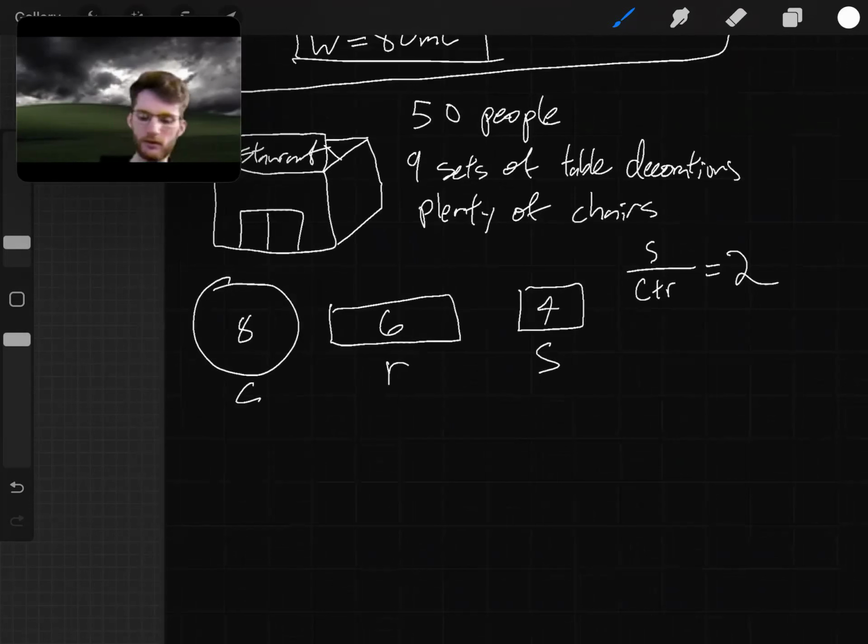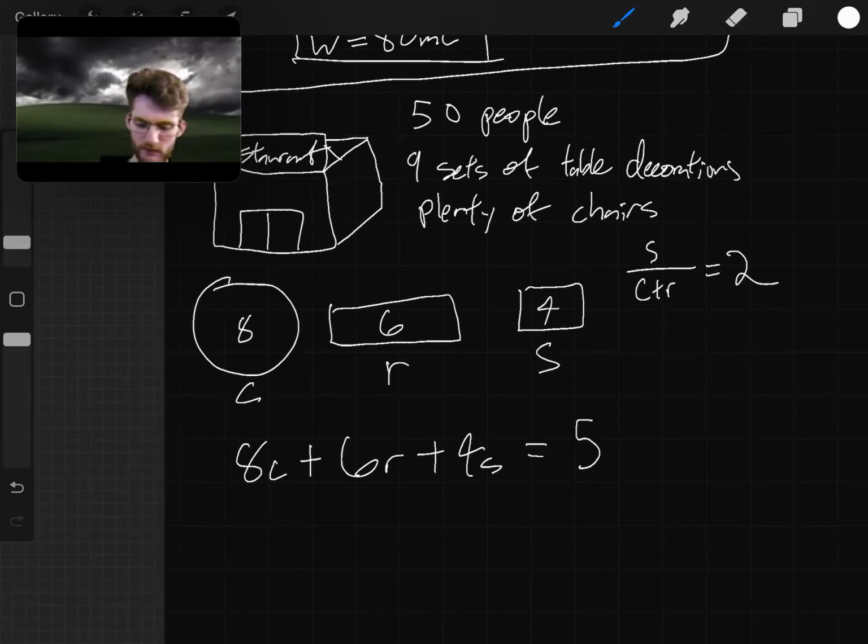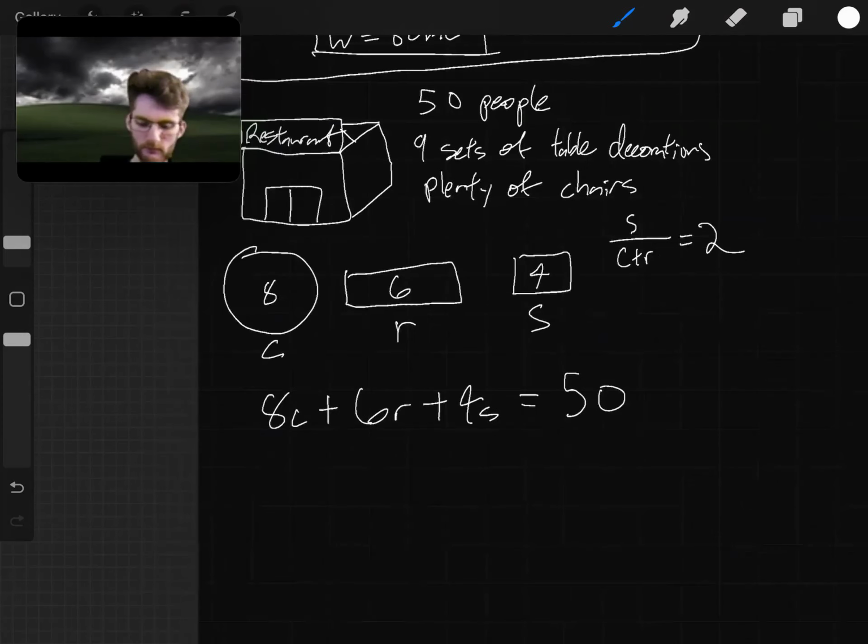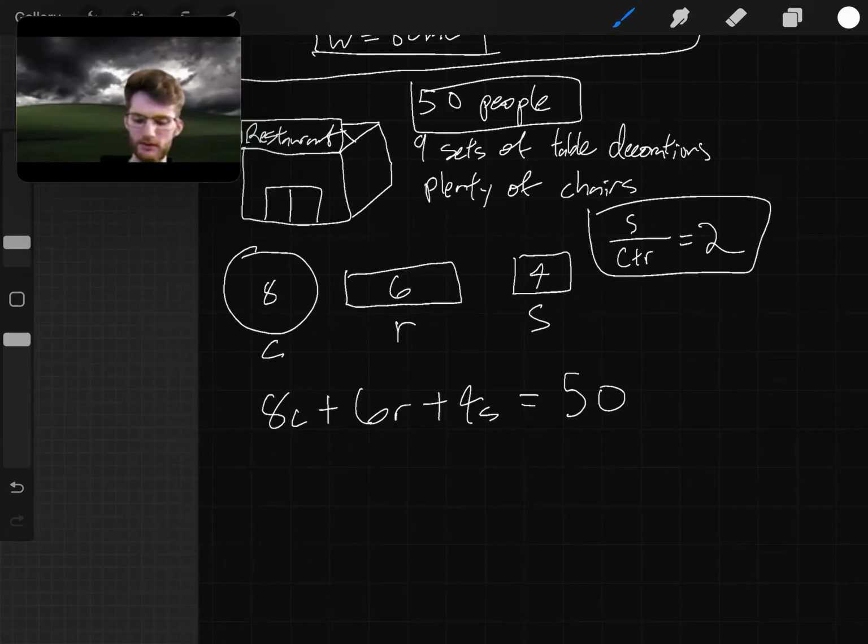So first off, let's address that I want 50 people to be able to be seated, no more, no less. So I could write 8C plus 6R plus 4S equals 50. That addresses this. Now let's deal with this.